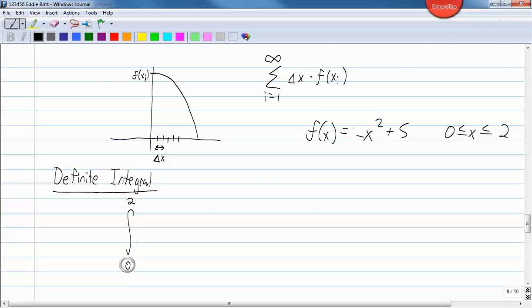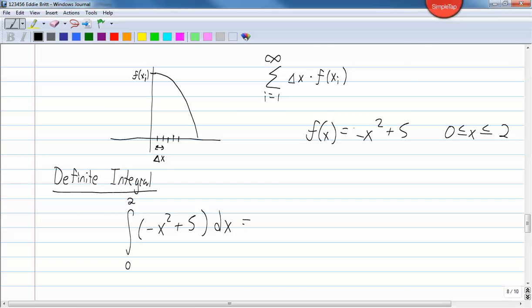The smaller number always goes here on the bottom, the larger number goes on the top, of the function negative x squared plus 5 dx.